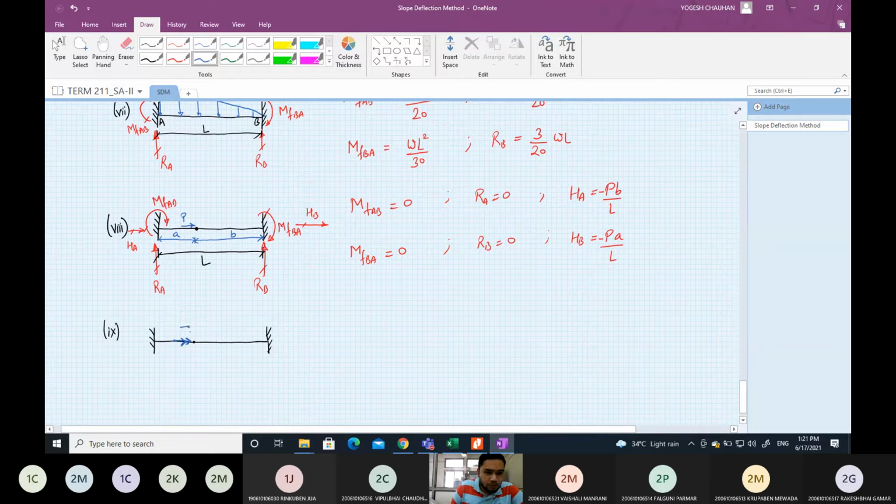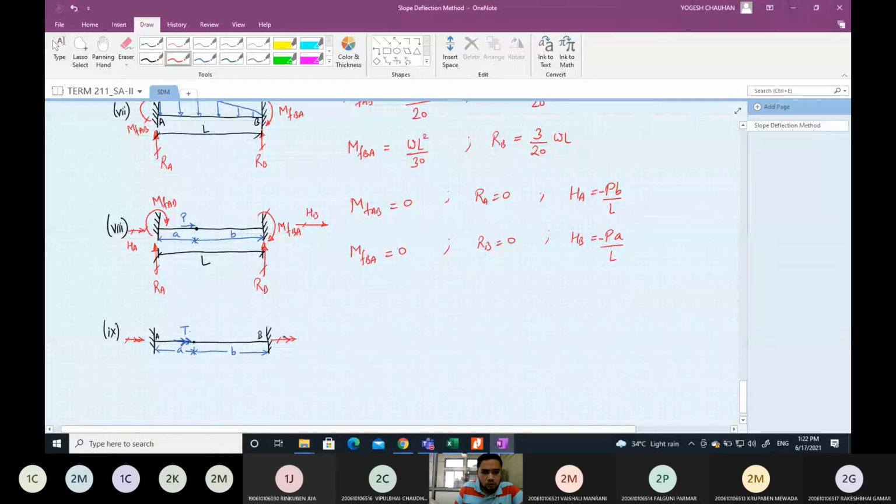And let this be T, and it is acting at distance A from support A, and B from support B. This is A, this is B, and in this case the reactions, the double-headed arrow means it is a moment.